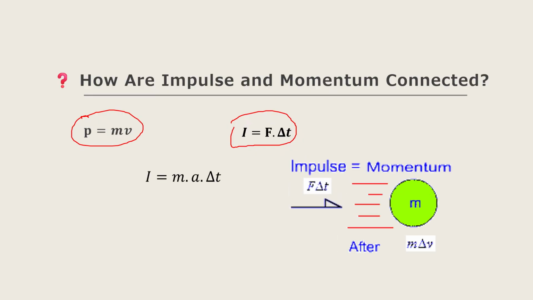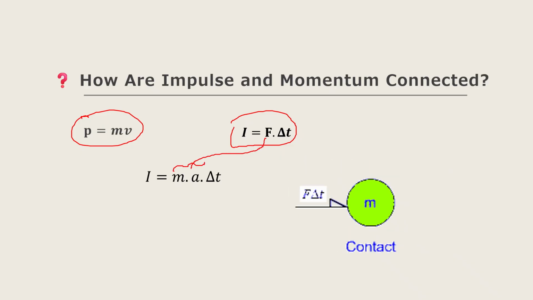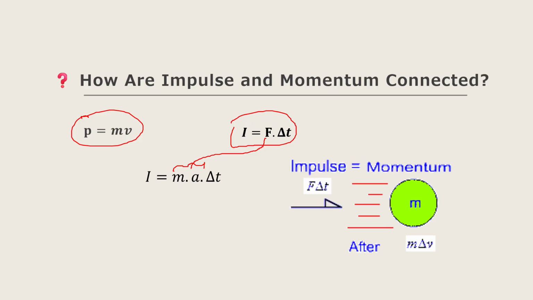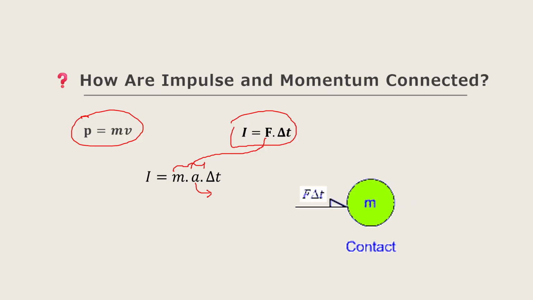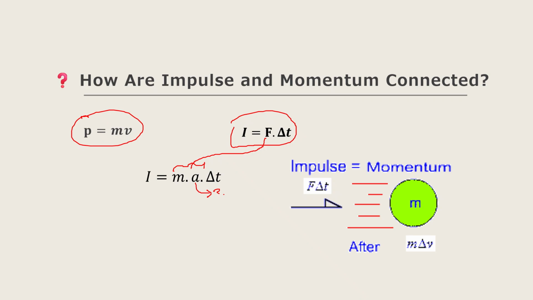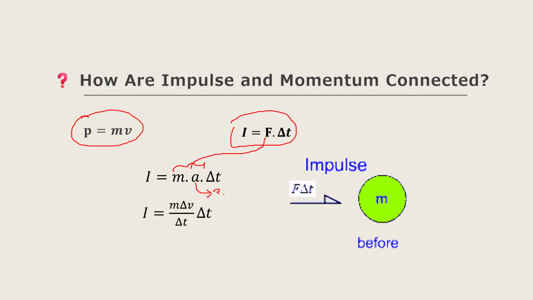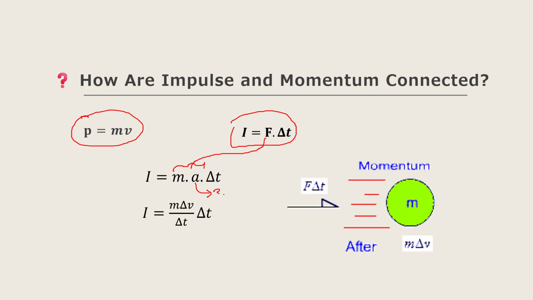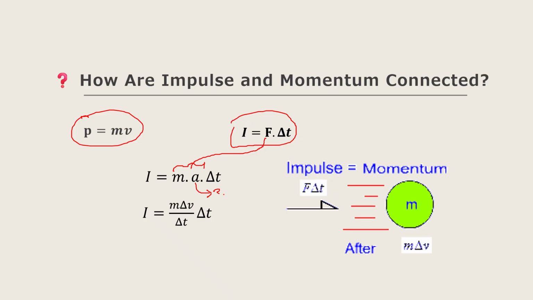According to Newton's second law of motion, F is equal to mass times acceleration. If you replace this F with m times a, now what is acceleration? Acceleration is the change in velocity with time. So if you replace a with delta v over delta t, you will get this relation.